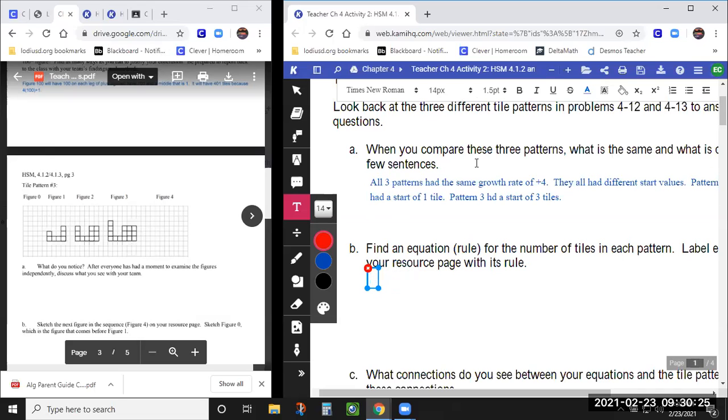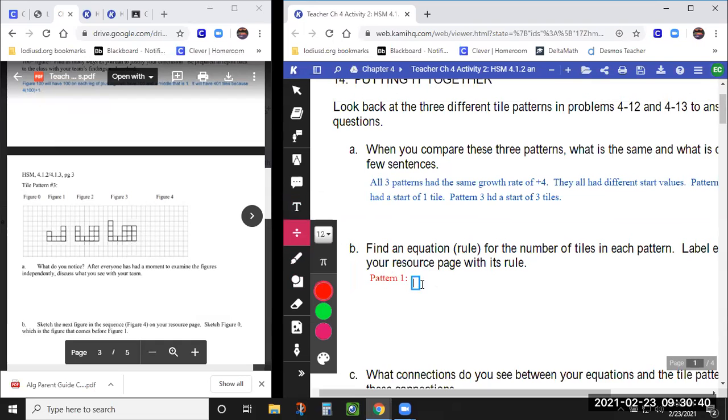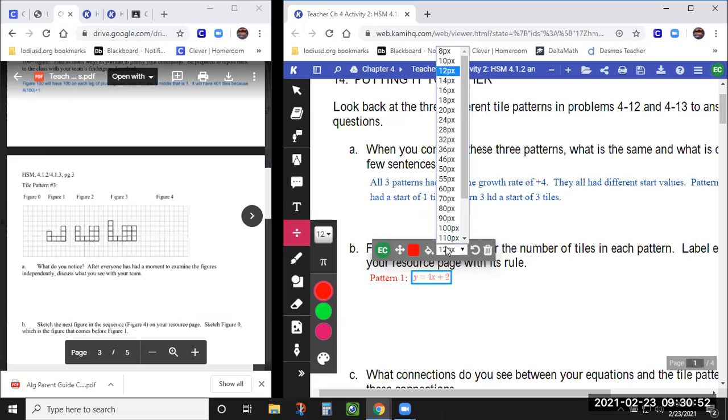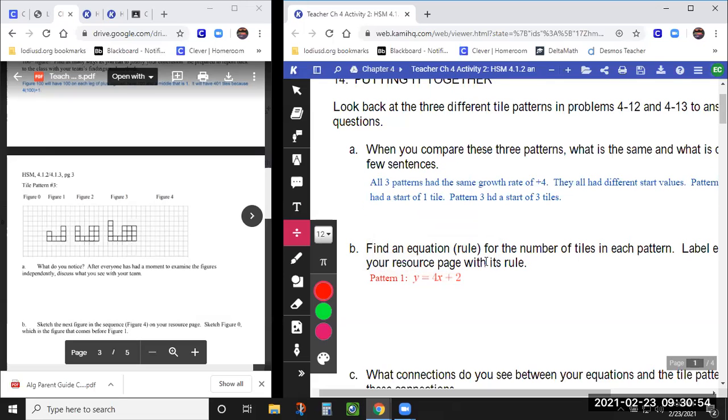It's arguing with me today. Okay. We use our equation writer for our rule. Y equals 4x plus 2. And we move it. And I want it bigger than 12. More like 16 so I can read it.